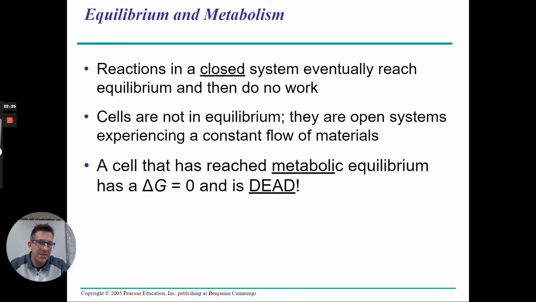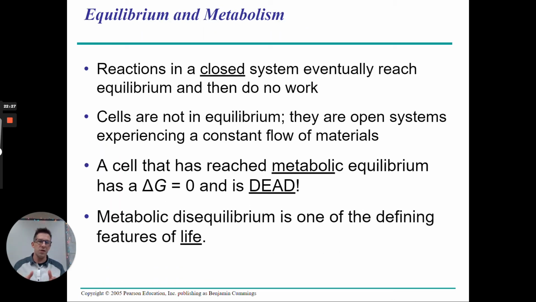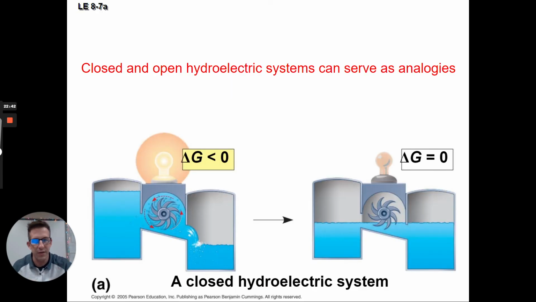But the cell itself, the second it starts to reach this equilibrium stage and not transfer new things into its body and move things through over and over, the minute it does this, it's going to be a dead cell. Okay? Metabolic disequilibrium is one of the defining features of life, in fact.